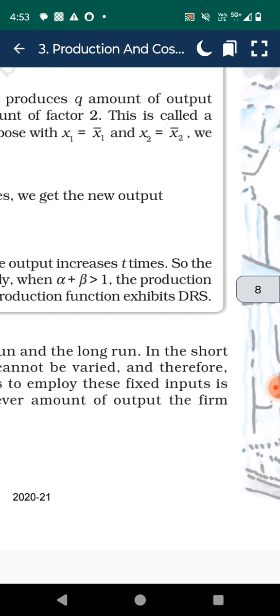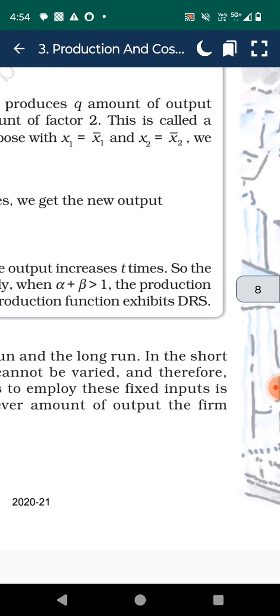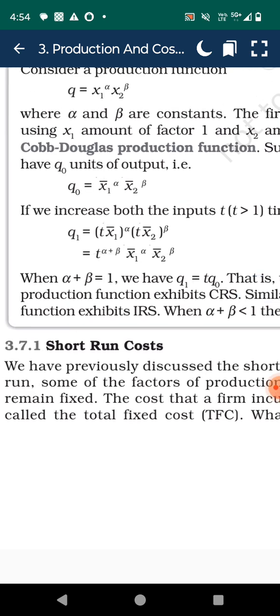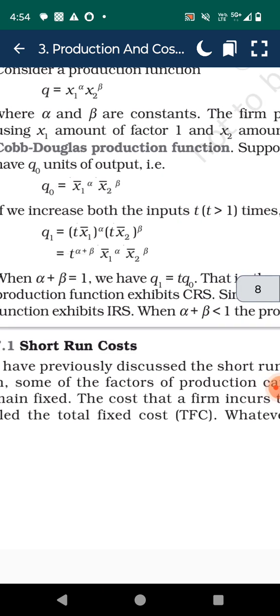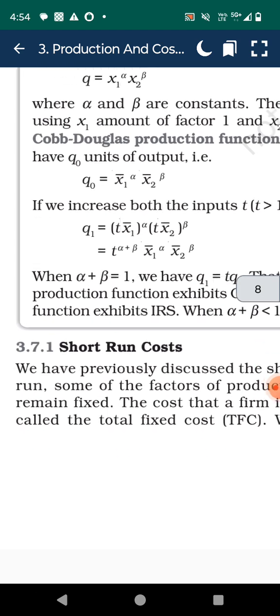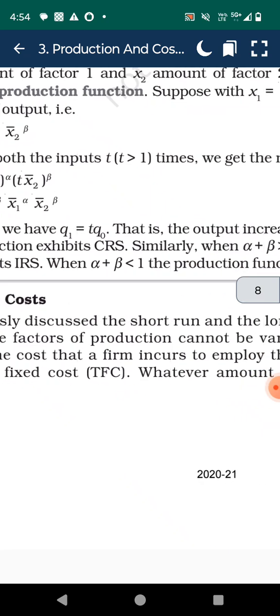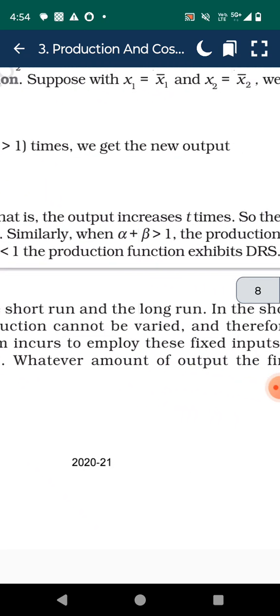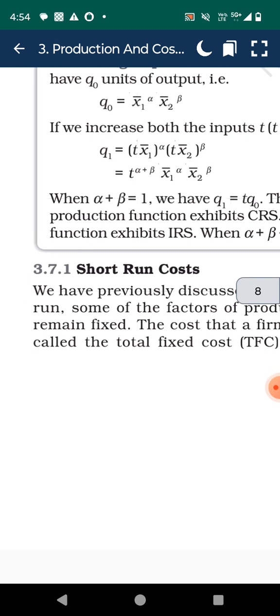Suppose with x1 bar and x2 bar, we have Q0 units of output: Q0 equal to x1 bar alpha, x2 bar beta. If we increase both inputs t times, where t is greater than 1, we get the new output Q1 equal to (t x1) alpha (t x2) beta, equal to t to the power alpha plus beta times x1 alpha x2 beta.